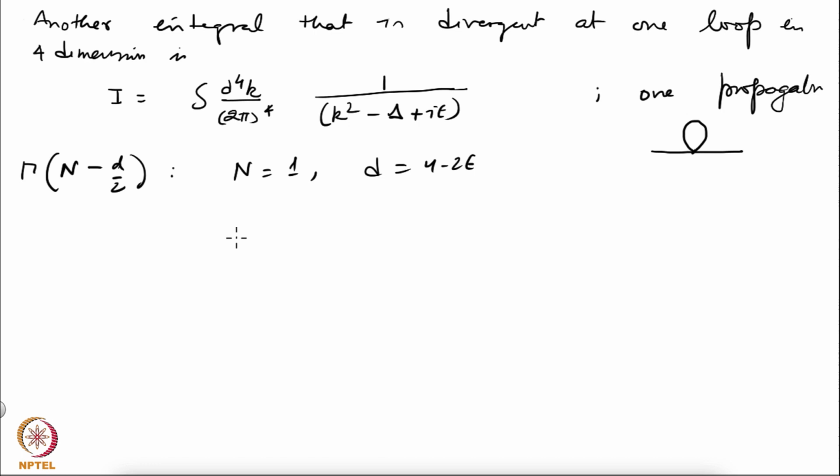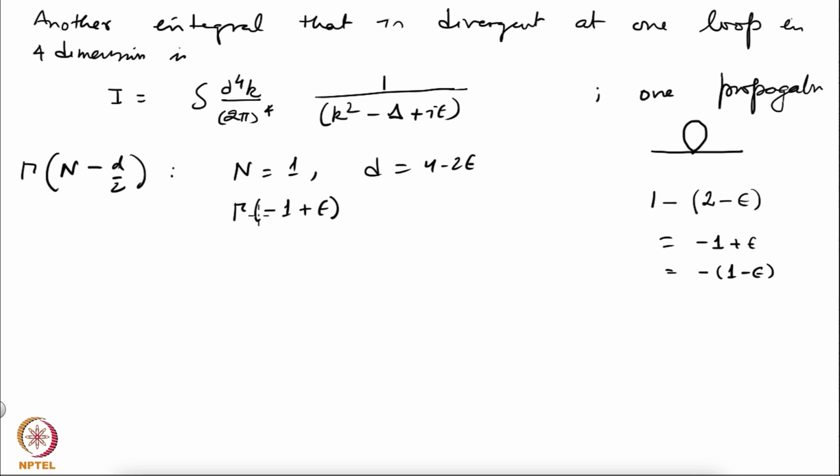So what do you get? 1 minus d over 2, which is 1 minus 2 plus epsilon, which is minus 1 plus epsilon. So we have gamma of minus 1 plus epsilon. That is what appears in this integral, which will give you a singularity.